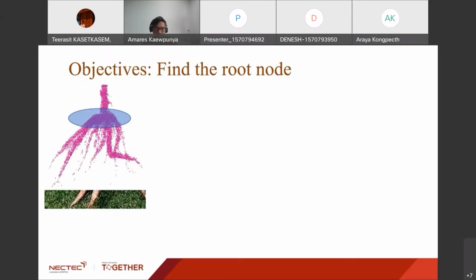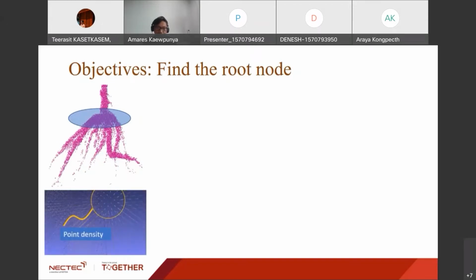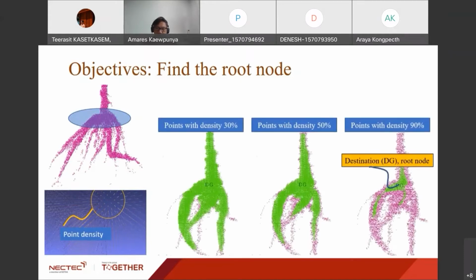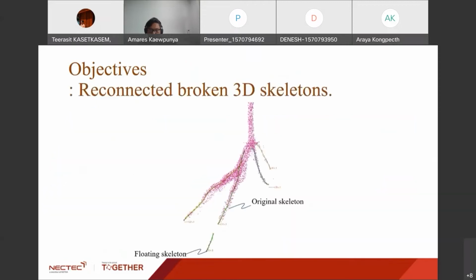Therefore, to measure the thickness of each segment of a 3D image, we can count the number of points surrounding it, which can be described in terms of point density. Finally, a method for estimating the coordinate of the root node is to find the centroid of the points with a density of 90% or higher. However, in a real 3D image, some parts are missing, especially in a small portion.